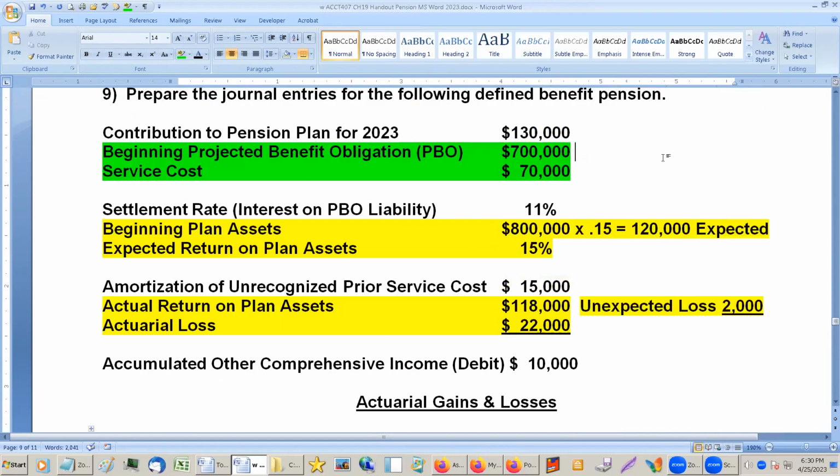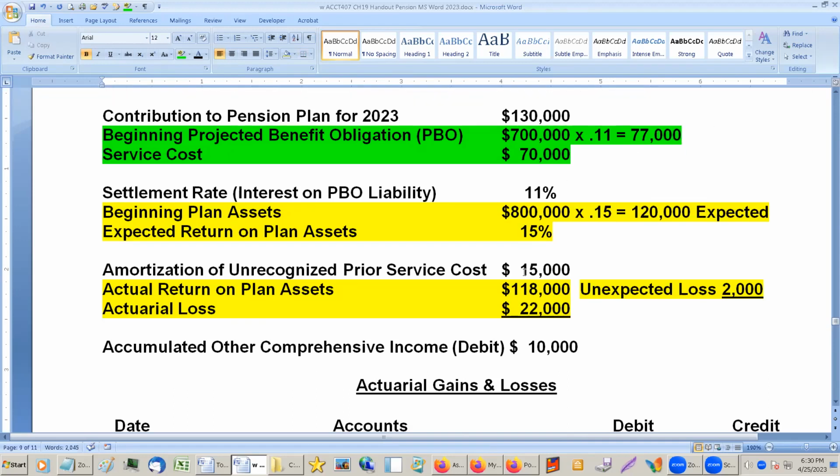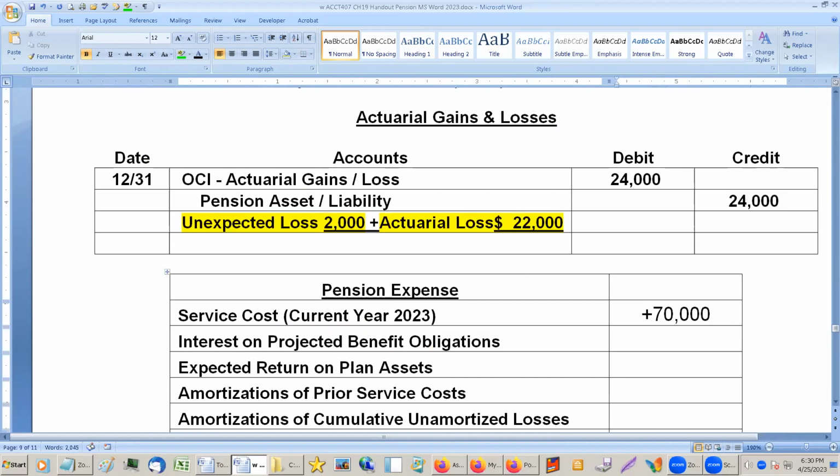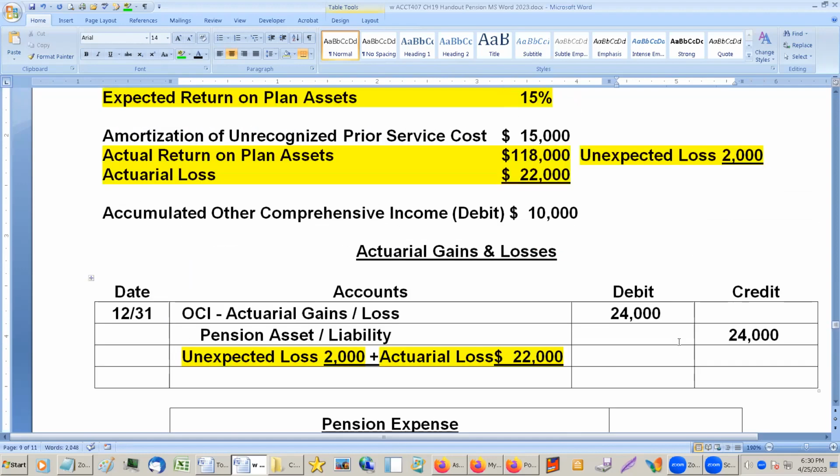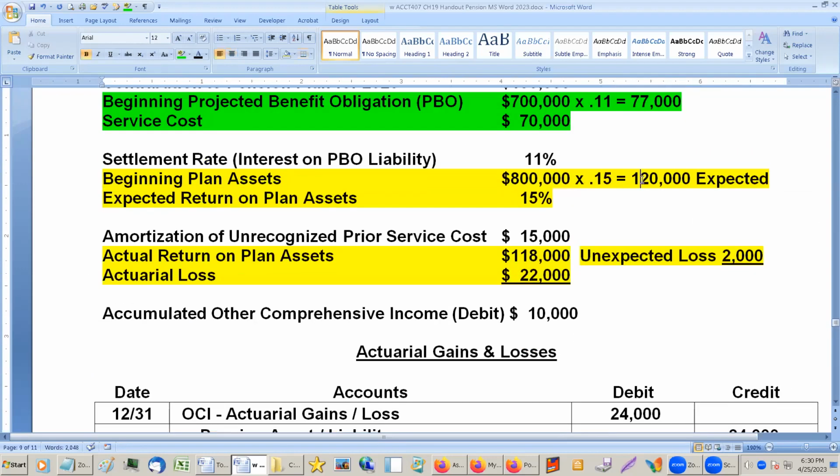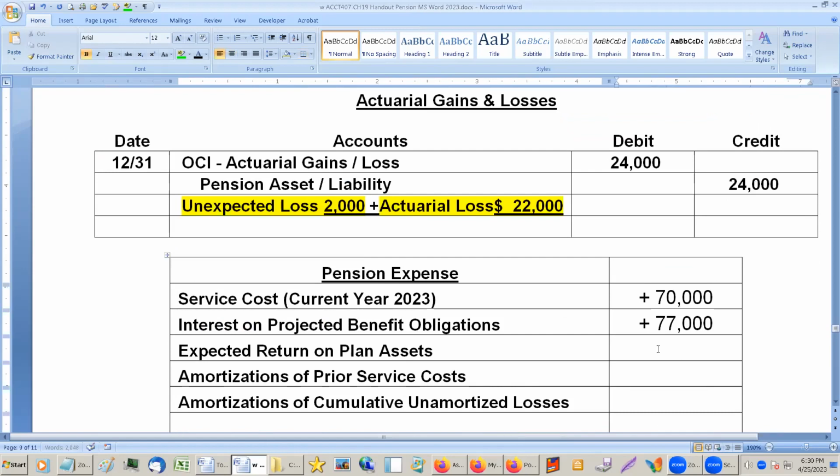Interest on it, $77,000. So this adds to the pension expense. The 77,000 adds to the pension expense. The expected return of 120,000, this lessens it. And the weird thing, in the pension expense calculation, is that we use the expected return.